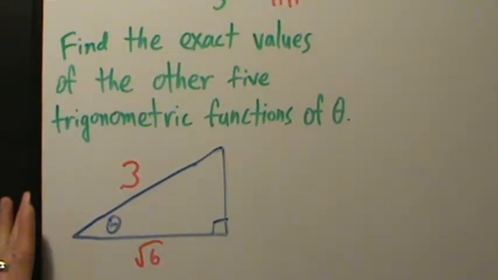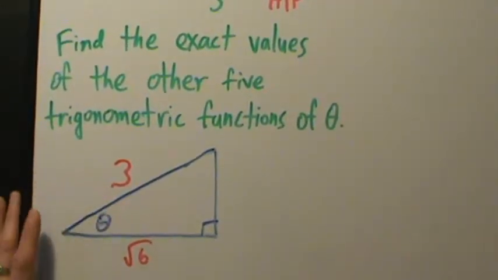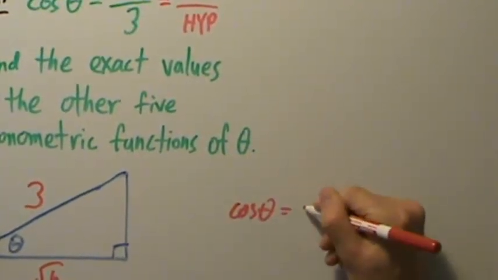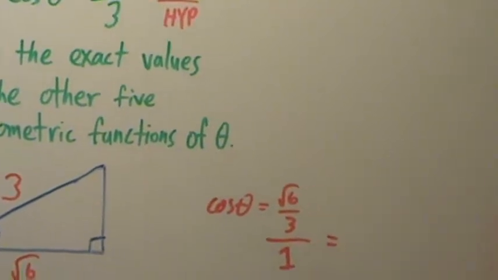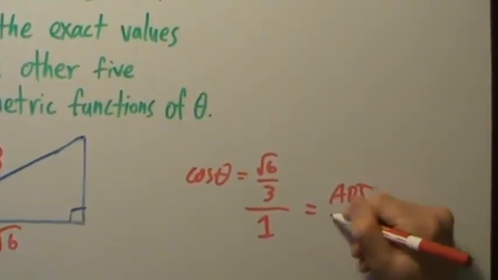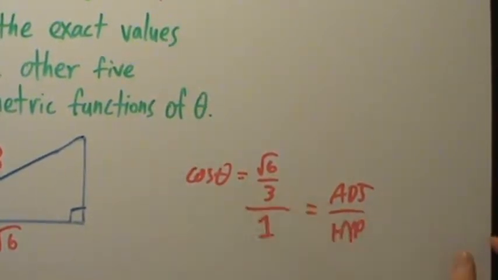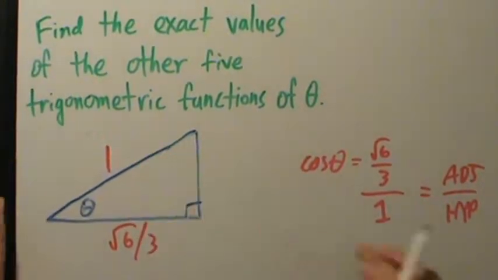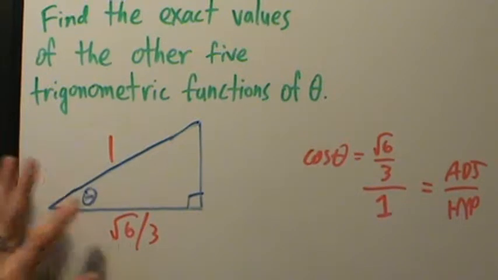Okay. So there are other ways we could have labeled this, so let me just point that out real quick. We could have thought of that as cosine of theta equals root 6 over 3 divided by 1. So then that would be adjacent and hypotenuse. So we could have said, well, okay, let's say the adjacent side is root 6 over 3, and then the hypotenuse would be 1. That's completely fine, that's still going to have the same cosine. The cosine of theta will still be root 6 over 3.